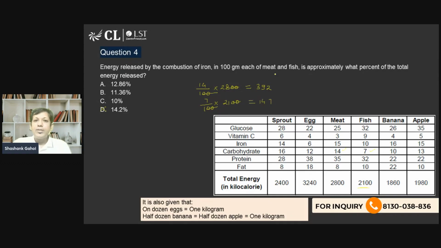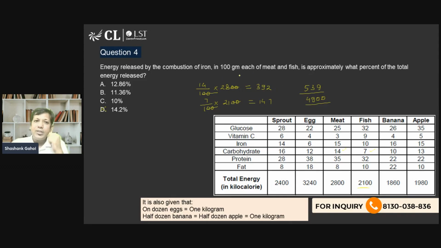So what is the total energy we are talking about? That is 392 plus 147, 539 out of 4900. So this value should be greater than 10% and less than 12%. It should be 11% something. So the answer of this question should be 11.36.